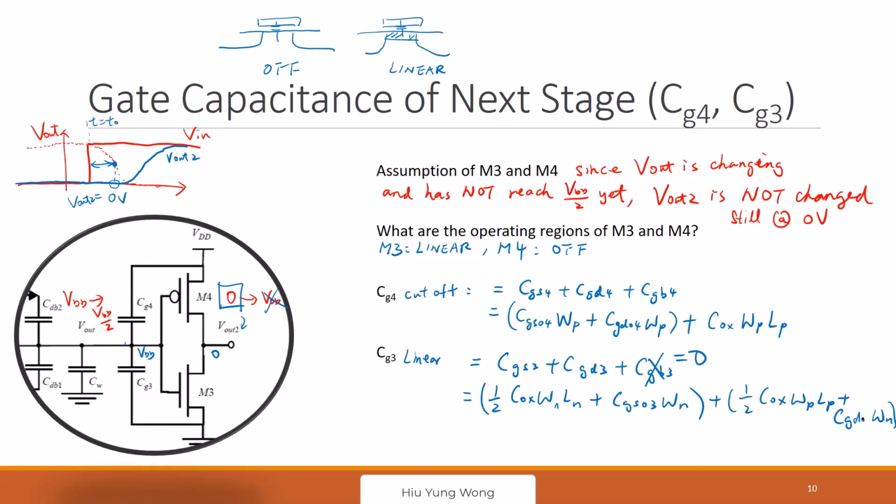Any questions? And then you combine together, you see that it is the same as CGS4. It becomes CGSO3 WN plus CGDO3 WN, and then the half plus half equal to 1, so COX WNLN.